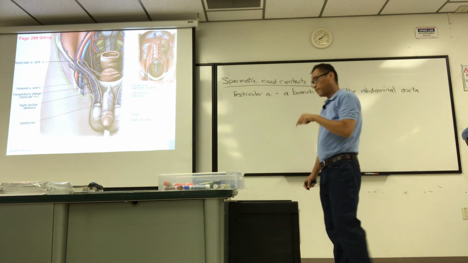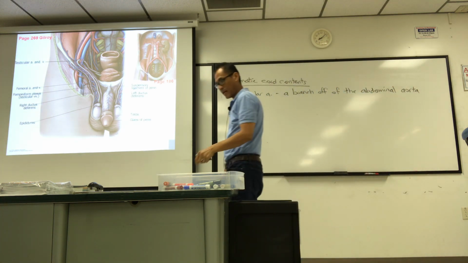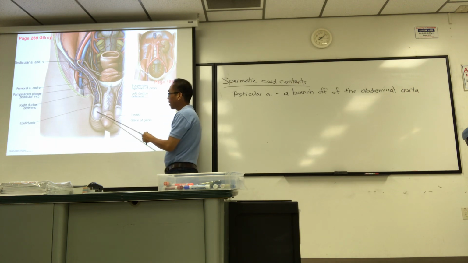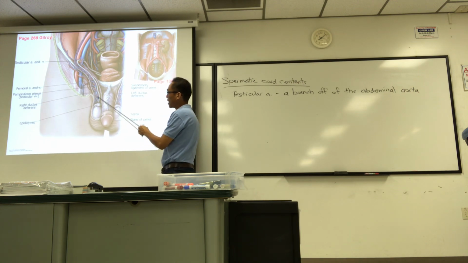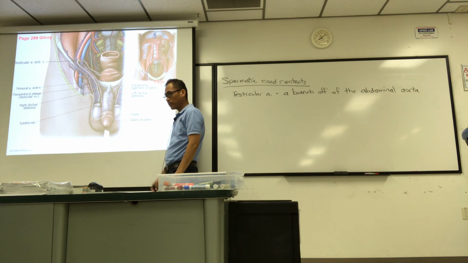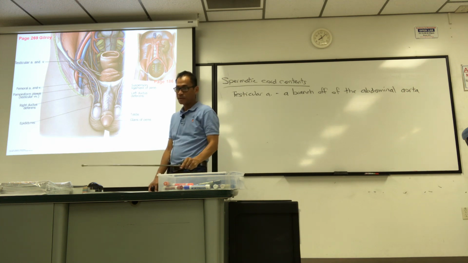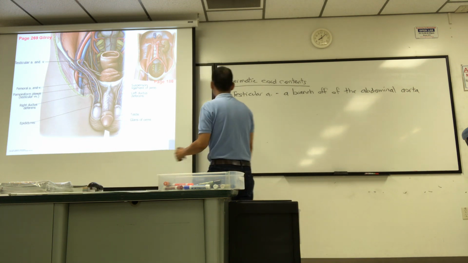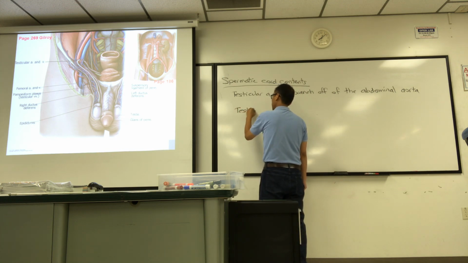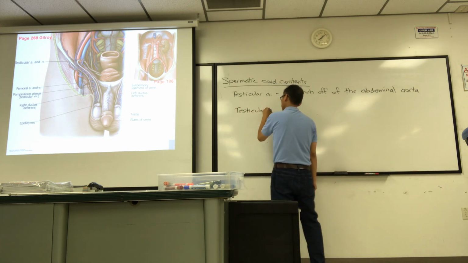So blood flows down to the testes, okay? And the testicular veins drain the blood in the opposite direction. So these blood vessels, arteries and veins, they're always together, but blood is flowing in opposite directions. So you can call them testicular veins.